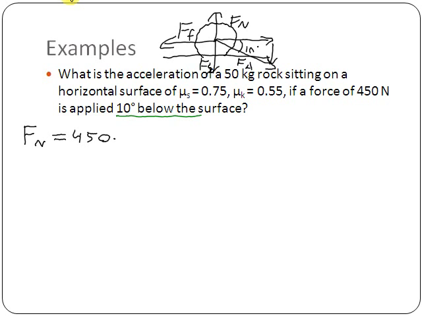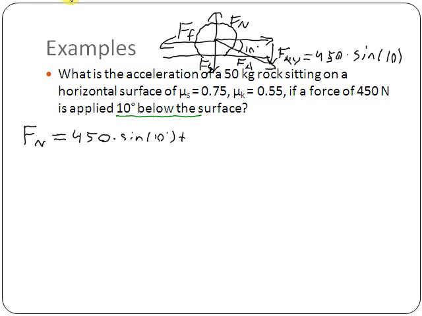So we're looking at this guy right here, FAY. And that's going to be equal to 450 times, we're talking about opposite here, so times the sine of 10 degrees.